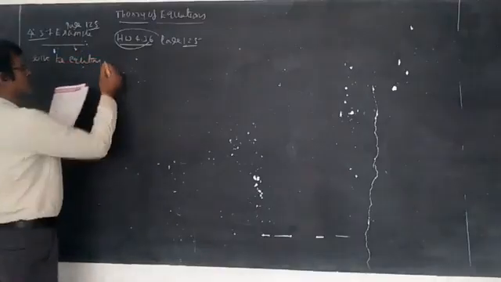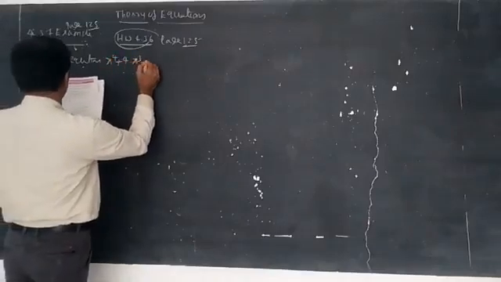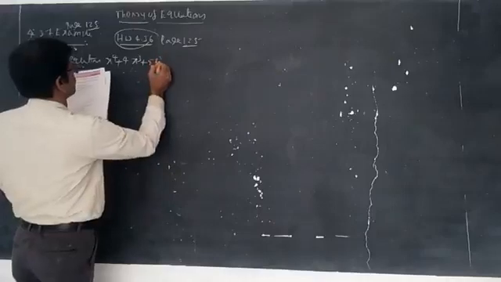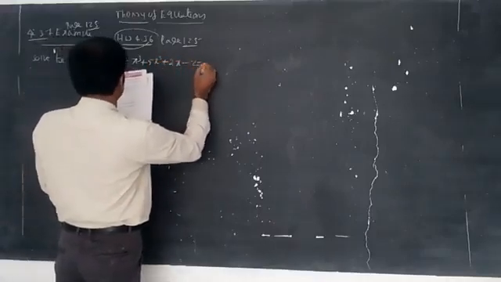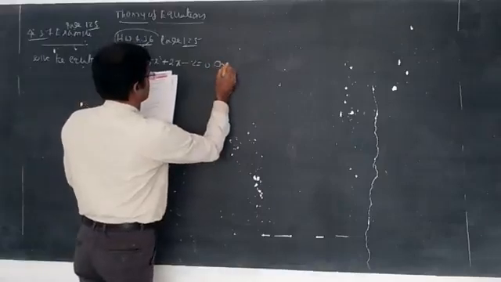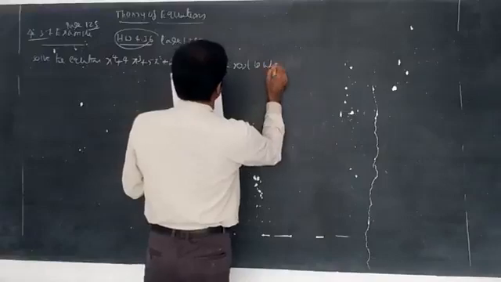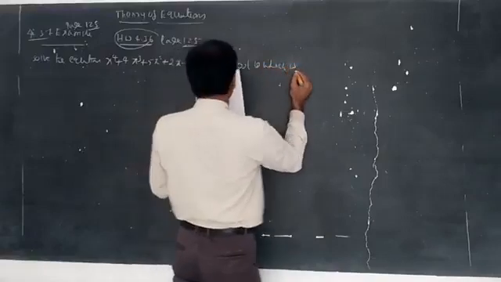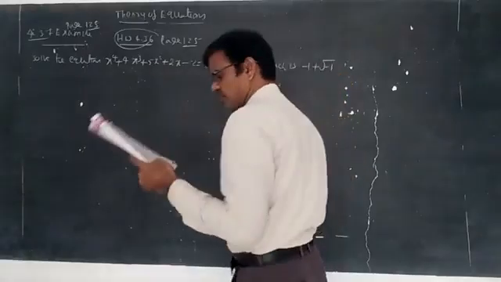Solve the equation x^4 + 4x^3 + 5x^2 + 2x - 2 = 0, one root of which is -1 + √(-1).